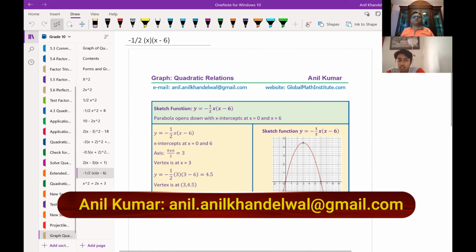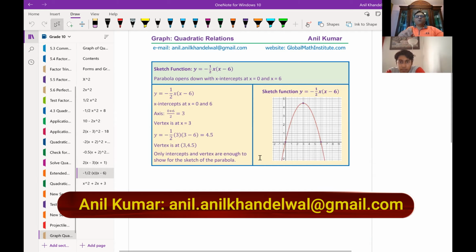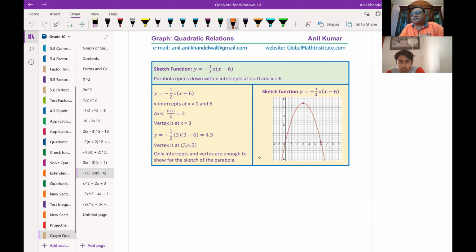Here is another example for you. Can you tell me how you will sketch this equation, which is y equals minus half x times (x minus 6)? Tell me, how will you sketch this equation? So first, what I would do is find the x-intercepts. The x-intercept is when y is equal to 0, right?